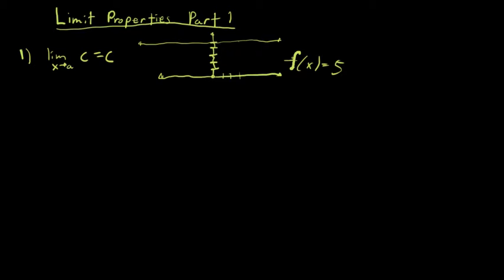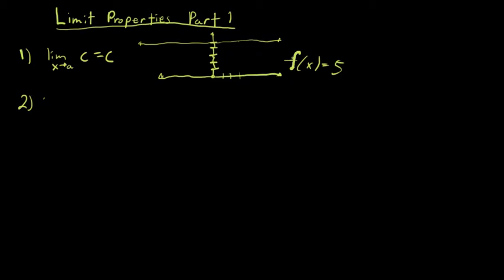And that would hold regardless of what value x was approaching for this function, because the function's a constant. So regardless of what x is getting closer and closer to, the function's going to get closer and closer to, and actually remain at, that constant. That's all that this is saying.